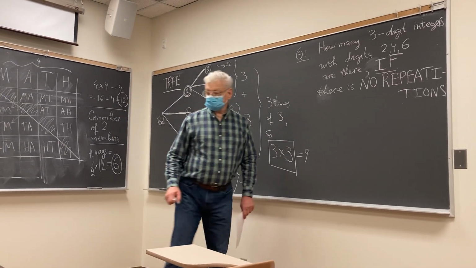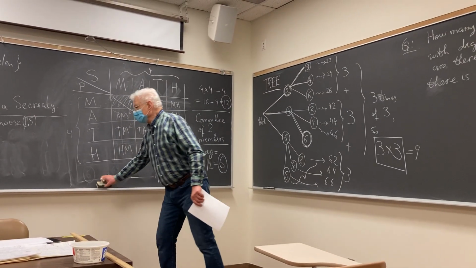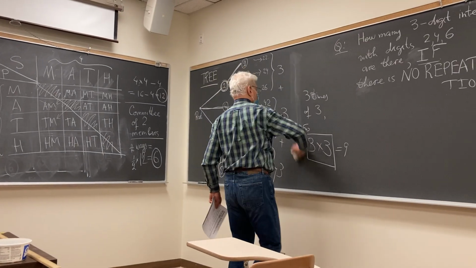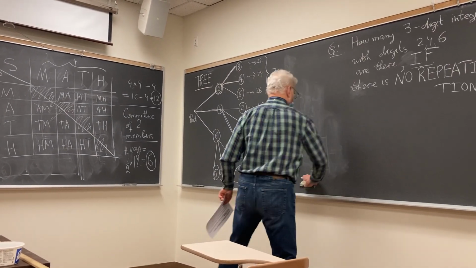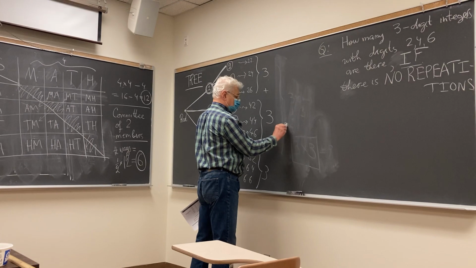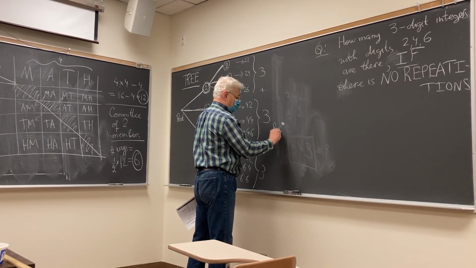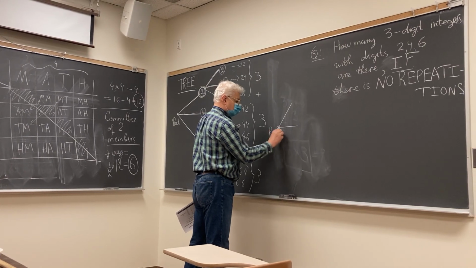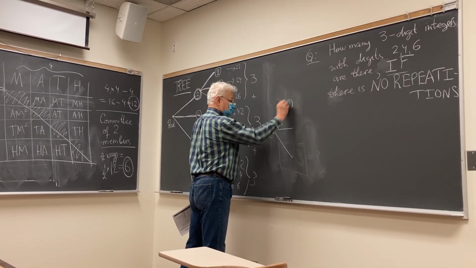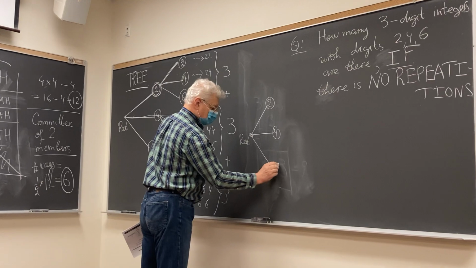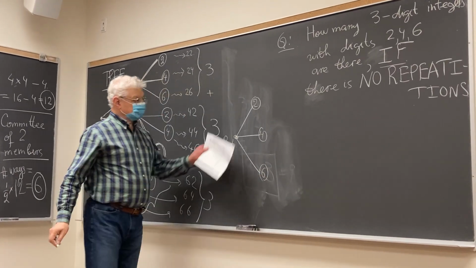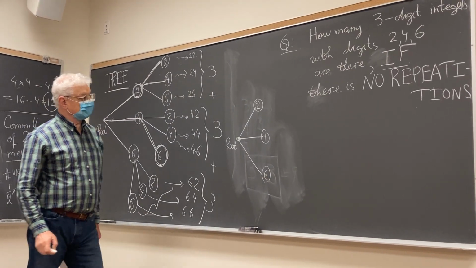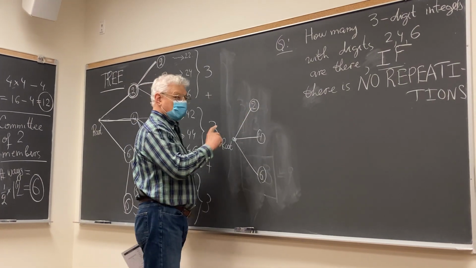Okay, in the beginning you have a root. And what is the first digit? 2, 4, or 6? That's right, 2, 4, or 6. Now, suppose we start with 2. What could be the next digit? 2 cannot be.